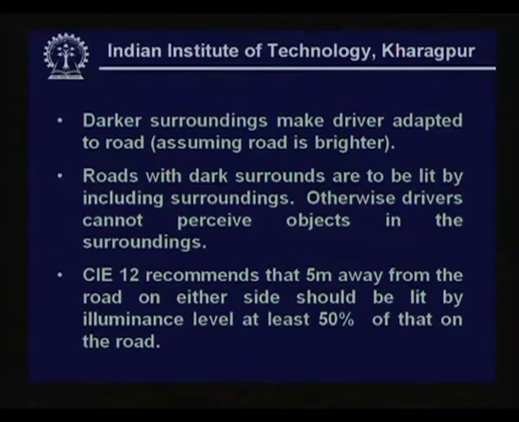This is what we call road lighting or street lighting. The roads could be simple small streets within the residential areas or urban roads, then expressways or highways linking various towns and cities. The International Commission CIE 12 recommends that about 5 meters on either side of the road should have an illuminance level of at least 50% of that on the road.